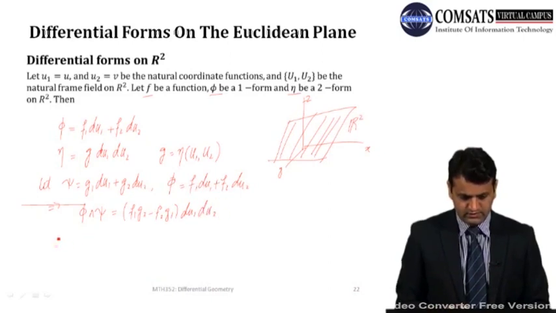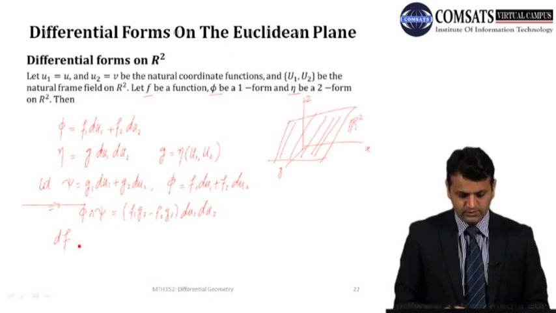Similarly, what is the exterior derivative of f? Once again we have applied the rules that we just saw. Under those rules, in R2, what is df? This is equal to partial f by partial u1 du1 plus partial f by partial u2 du2.